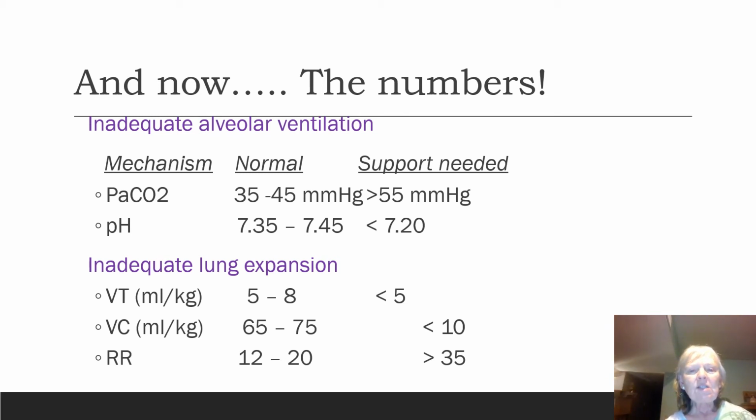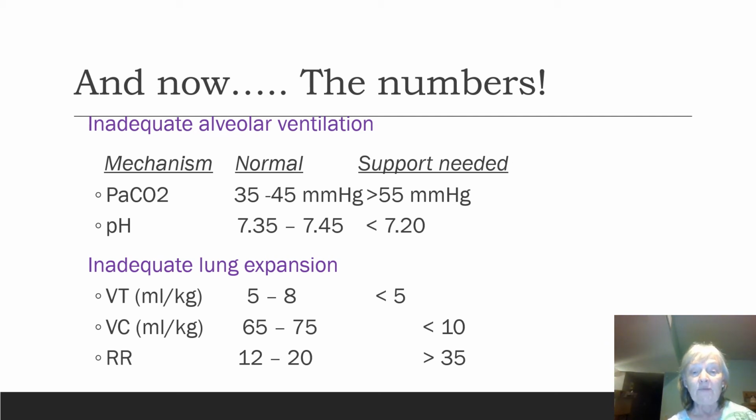Vital capacity is one of those unusual ones that we see. And part of the reason it's unusual is you're going to drop all the way down to less than 10 mLs per kilo, technically, to say whether or not you need support. Most of the time, we're going to be a little bit suspicious before you ever hit that value. So how do I get that less than 10 mLs per kilo? I'm going to look at his weight.